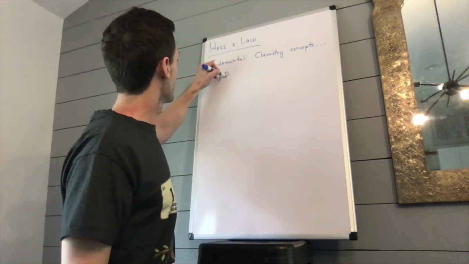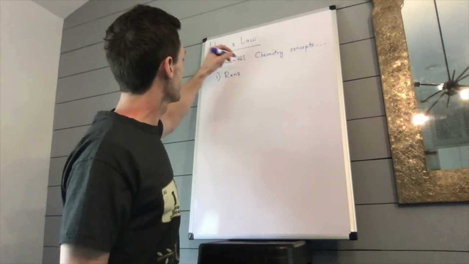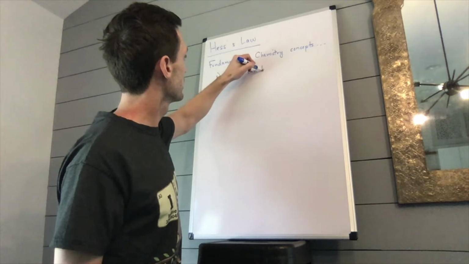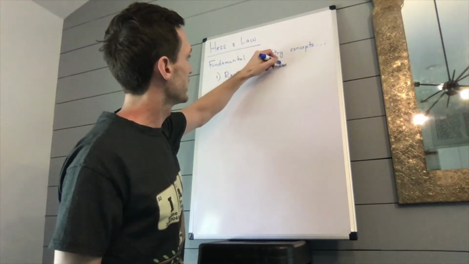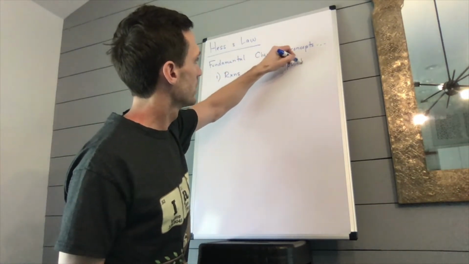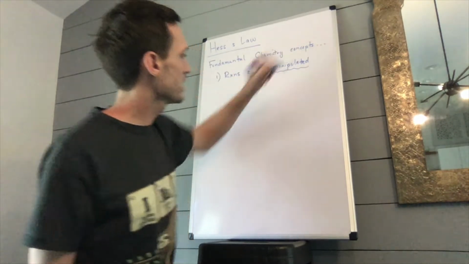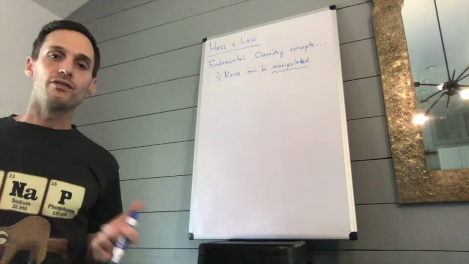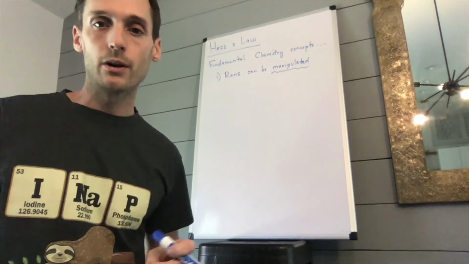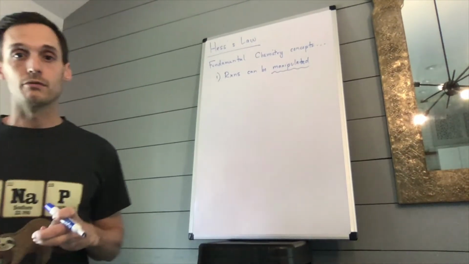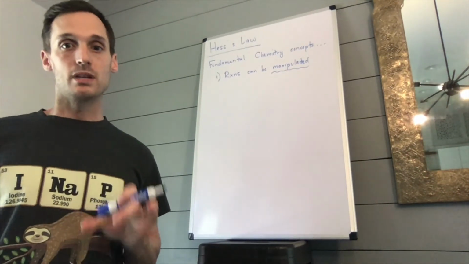So the first thing is that all chemical reactions can be manipulated. We just touched on this with the review problem a minute ago, but I want to stress that reactions can be manipulated.